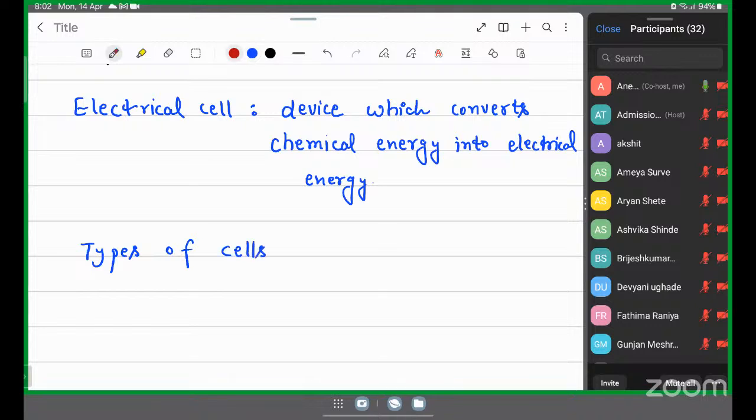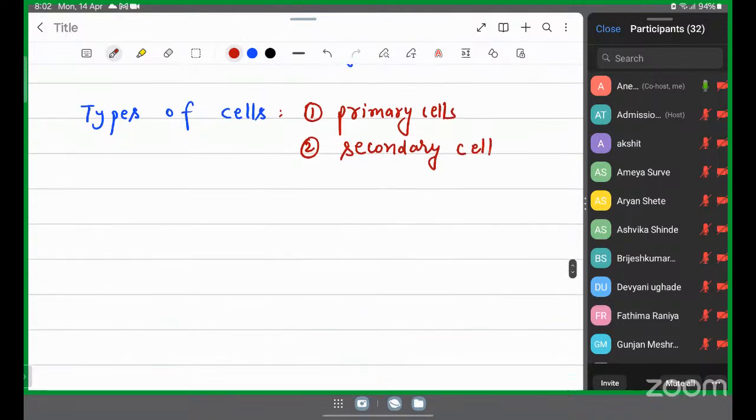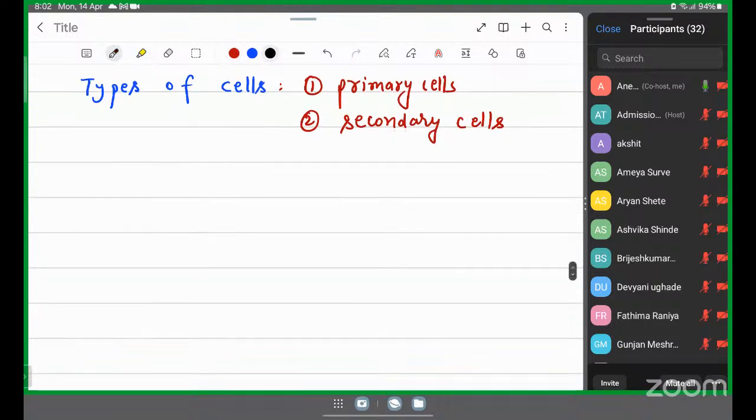There are two types of cells. Number one is known as primary cell, and number two, secondary cells. Primary cells cannot be recharged, so they are one time used, and secondary cells can be recharged, so they can be used again and again.